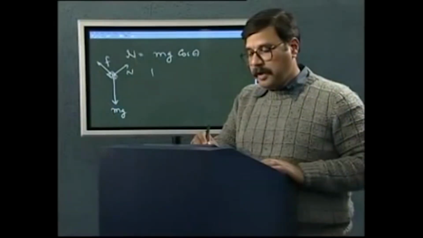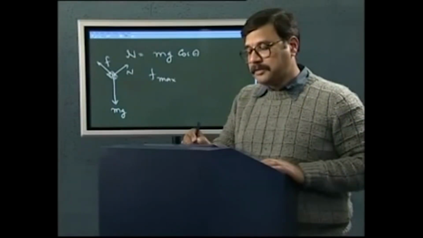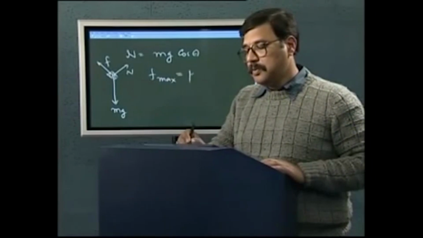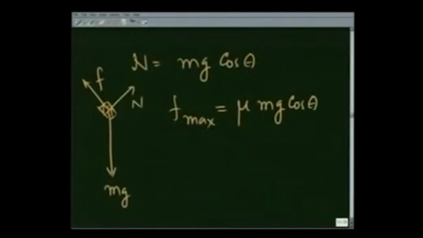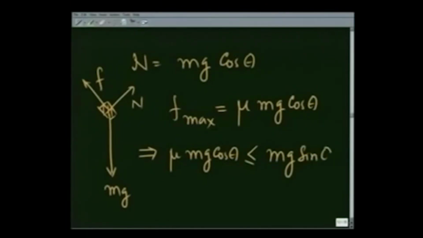Therefore F maximum is mu s mg cosine theta, and when this frictional force becomes less than or equal to mg sine theta, the body would start sliding down.